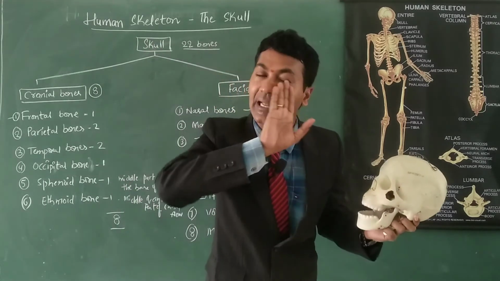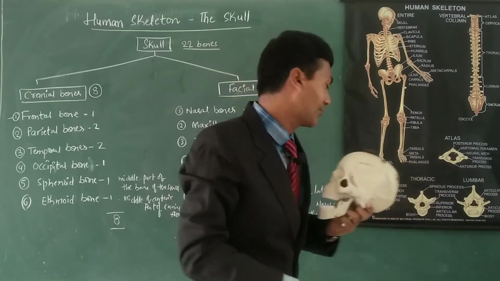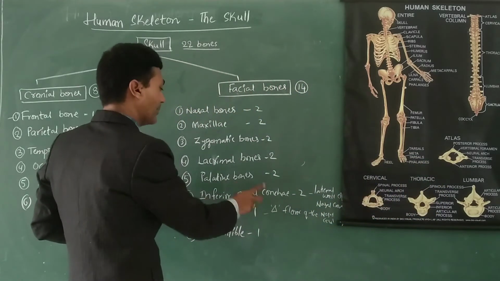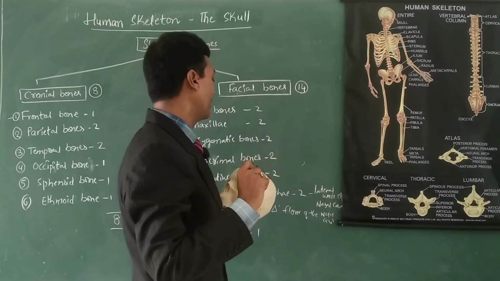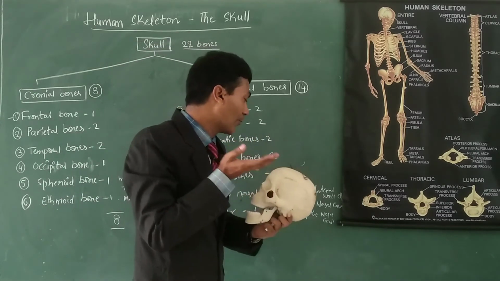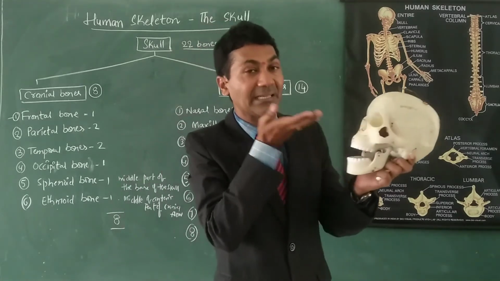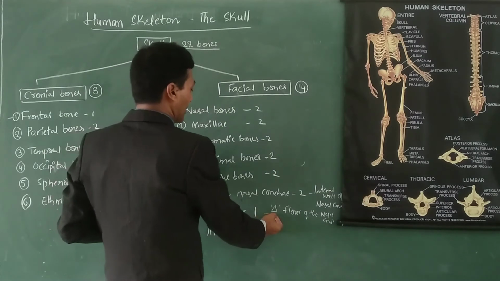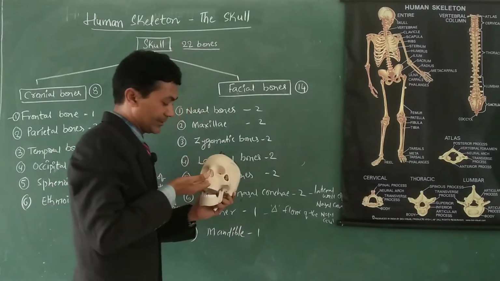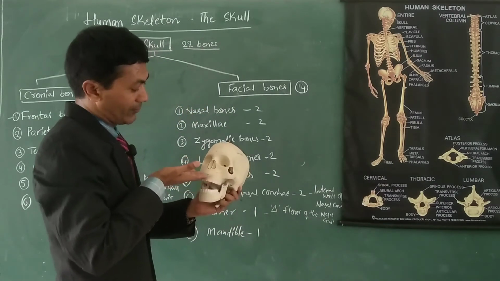And the vomer, a triangle shaped bone present in the floor of the nasal cavity.